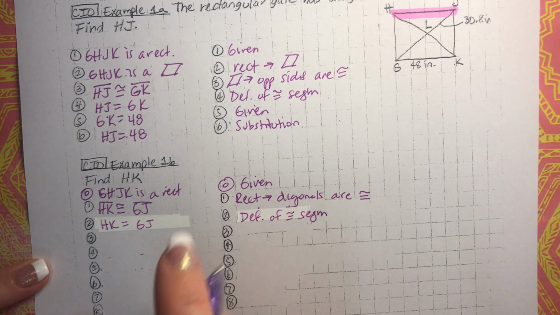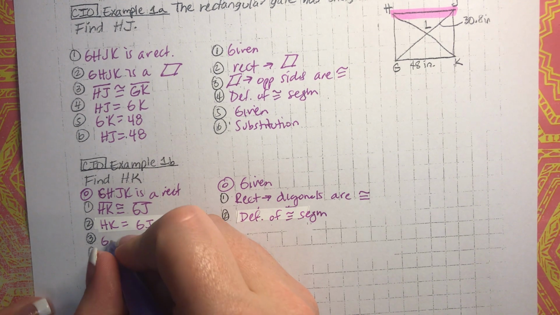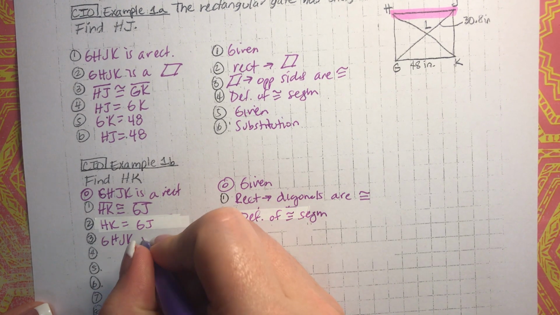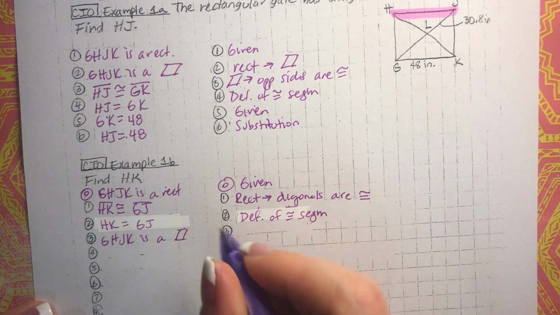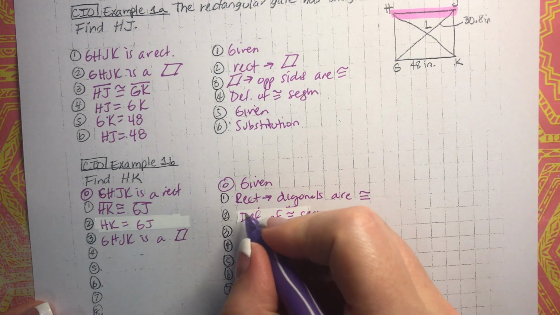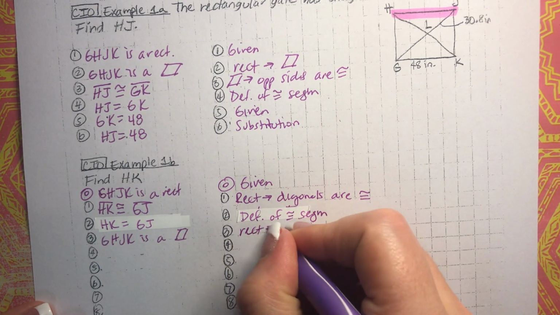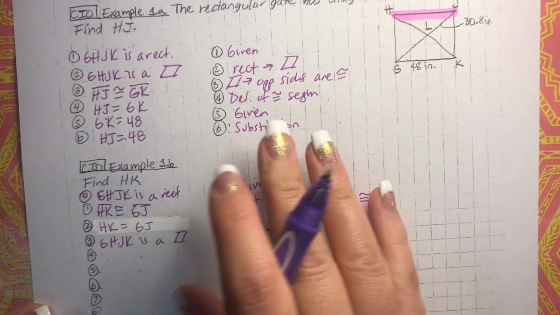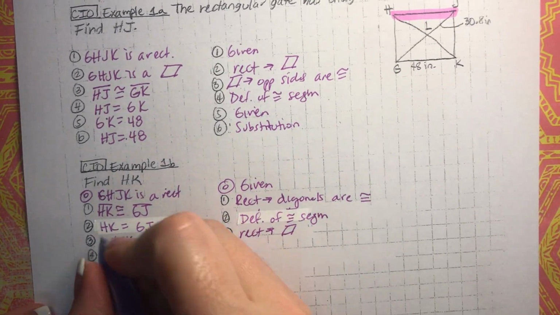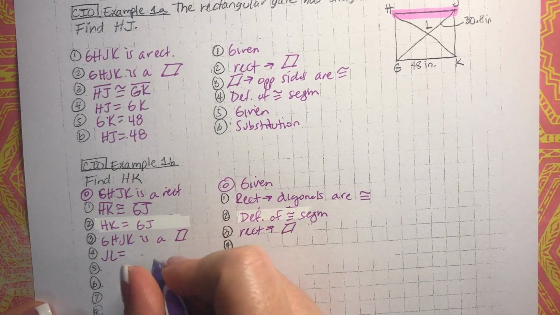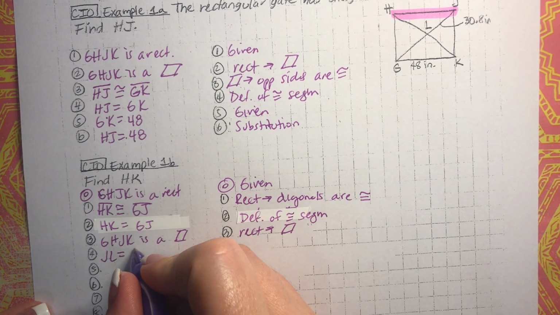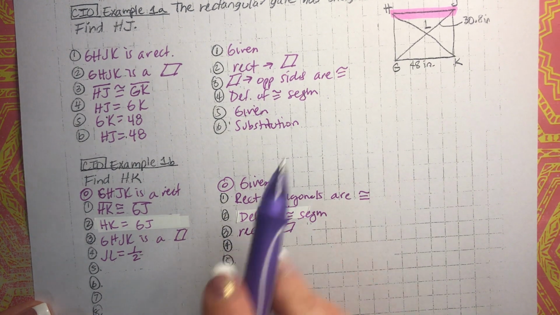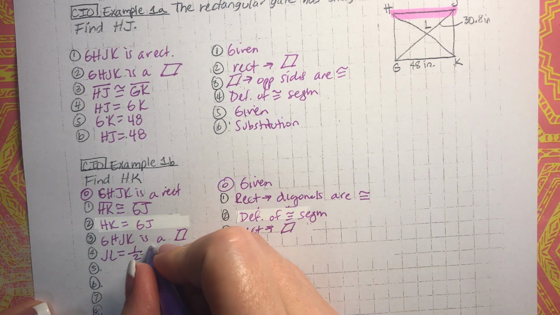Okay, now I'm going to state that GHJK is a parallelogram because if it's a rectangle, then it's a parallelogram. And then I want to go ahead and state that JL is equal to 1/2 of GJ, right?